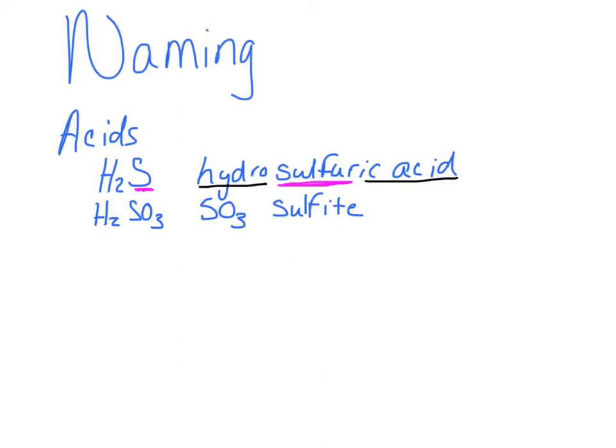So the acid name has an OUS ending. So we still use the same sulfur, and then we add OUS. So sulfurous acid. So again, our SO3 is giving us our sulfur, and then the ITE ending gives us this OUS acid.